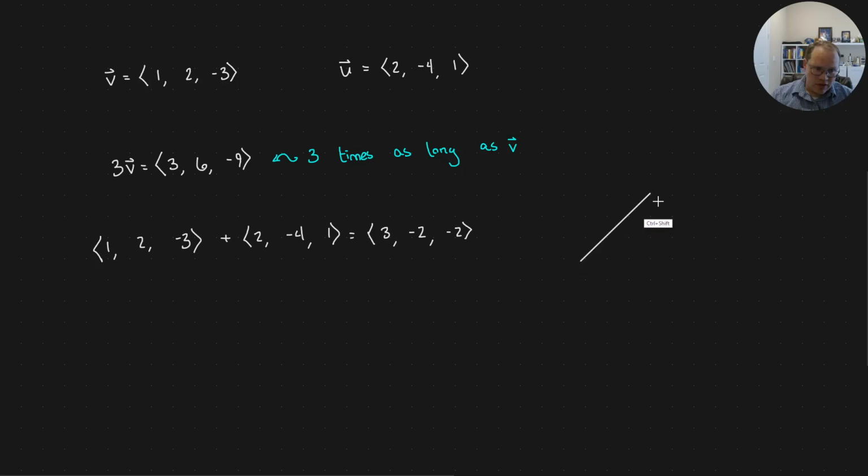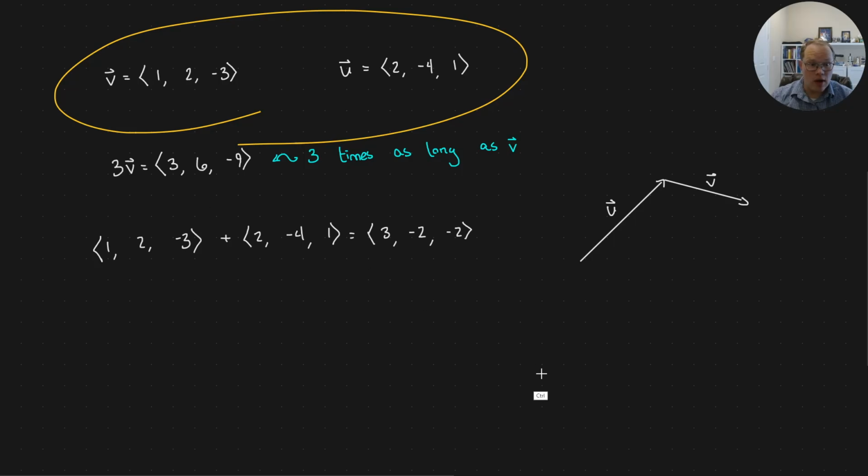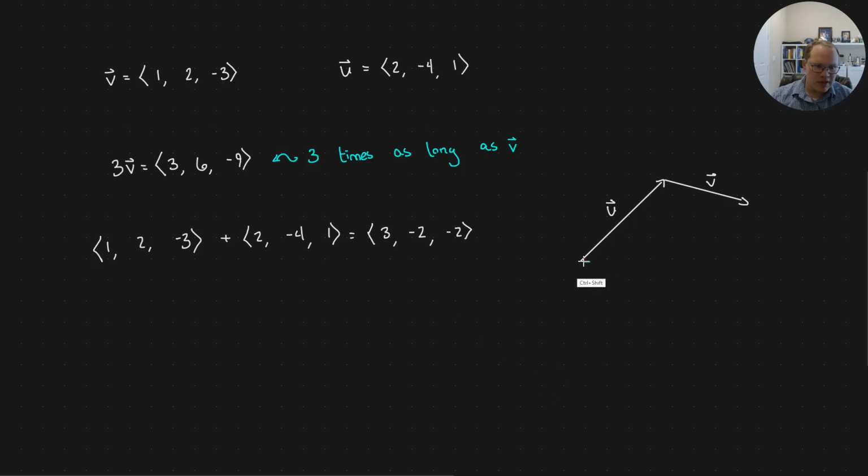If I have 2 vectors u and v, which I'm not necessarily drawing the same way these would be drawn. Okay, u plus v could be interpreted this way. Okay, using this triangle approach. u plus v is the vector pointing to where you would end up if first you travel in direction u and then travel in direction v.